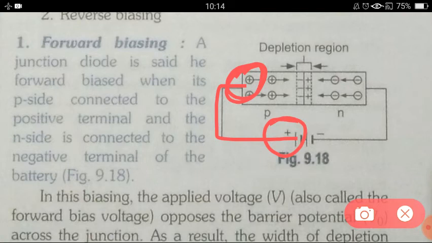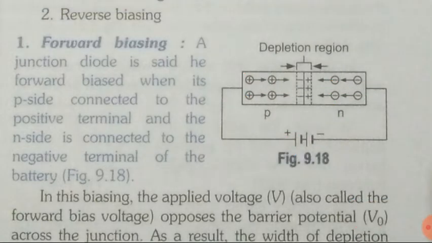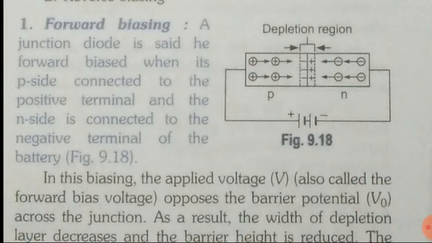So the holes get repelled by the positive terminal, and because of repulsion they also start moving towards the junction. So in forward biasing, electron and hole both are moving towards junction. That's why this is called forward biasing.